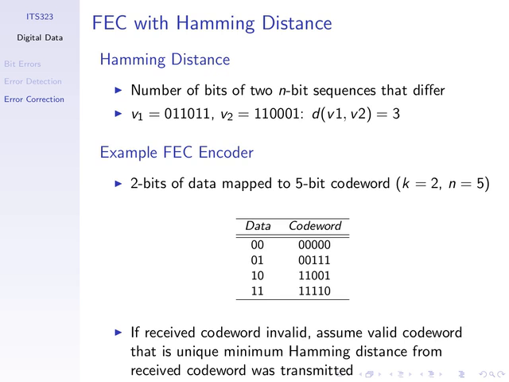So what the transmitter does is simple. If we have some data to transmit, transmit the corresponding code word. On the next 3 slides, we have an example, and we'll go through them to illustrate this.